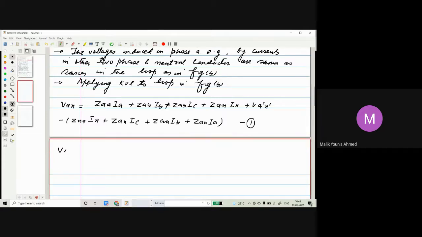So VAN minus VA dash N dash can be written as, so we'll consider A now. Wherever the A is, we'll take the common. So ZAA minus ZAN IA. Current IA will take common, ZAA minus ZAN, and that will be multiplied by IA.